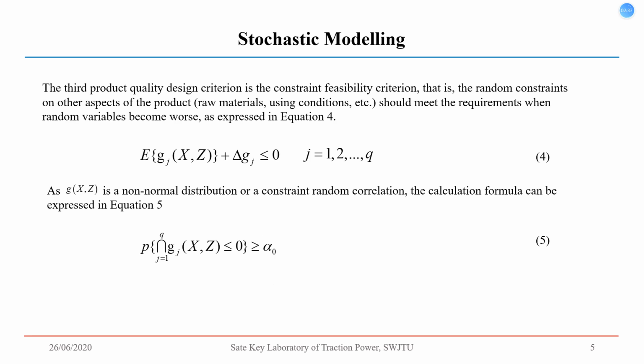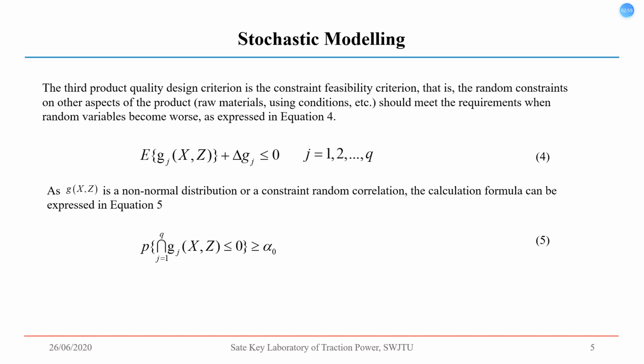The third product quality design equation is the constraint feasibility equation, that is, the random constraints on other aspects of the product, raw materials, and using conditions should meet the requirements.